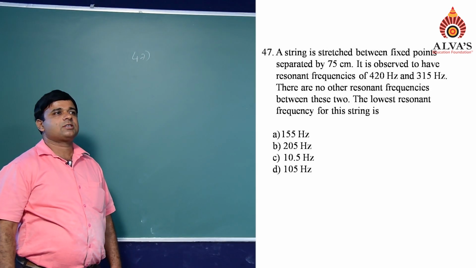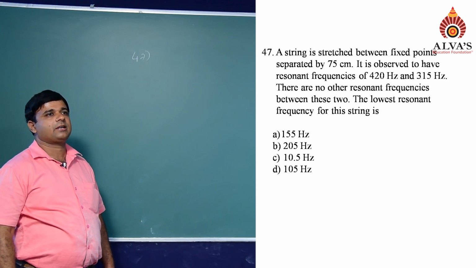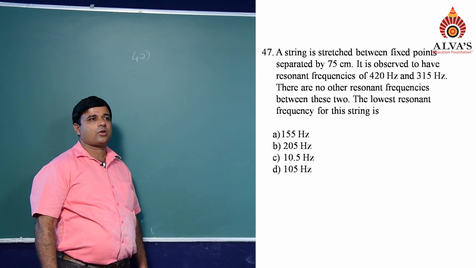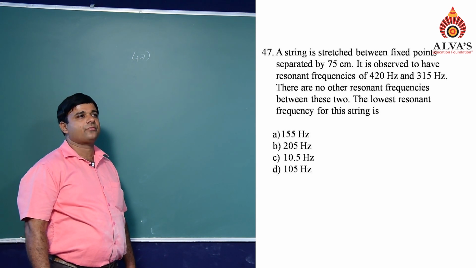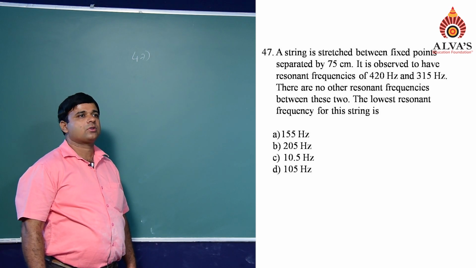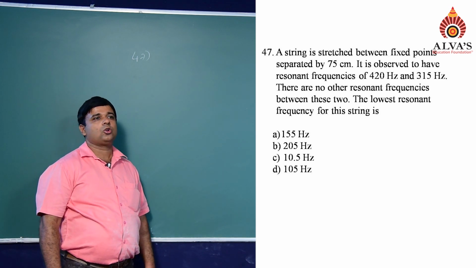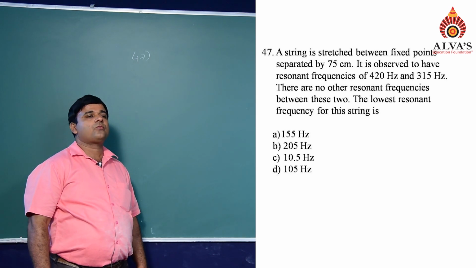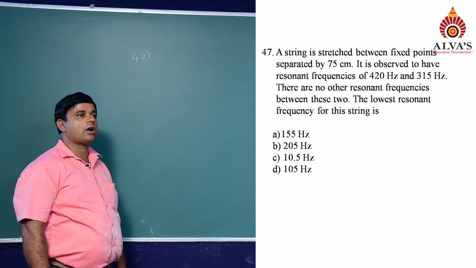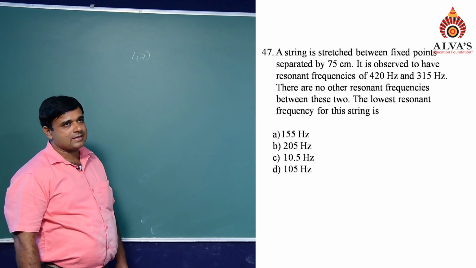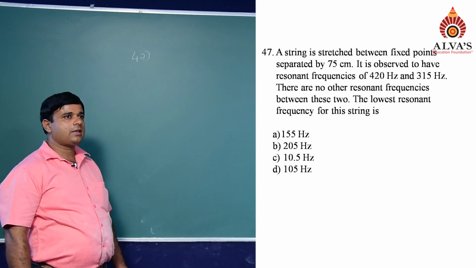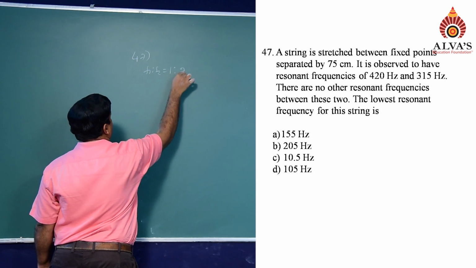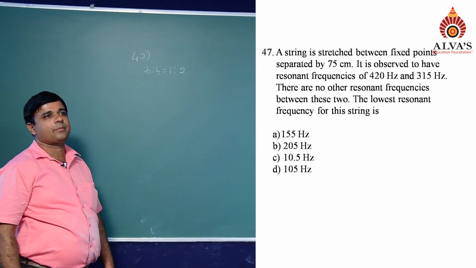A string is stretched between fixed points separated by 75 centimeter. It is observed to have resonant frequencies of 420 Hz and 315 Hz. There are no other resonant frequencies between these two. The lowest resonant frequency for this string is. So, between 420 and 315 Hz, there is no other resonant frequency, meaning they are successive frequencies. In case of a stretched string, the frequency ratio is nothing but 1:2, so frequencies differ by 1.